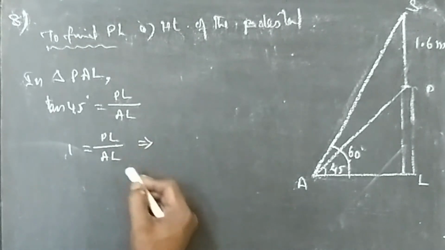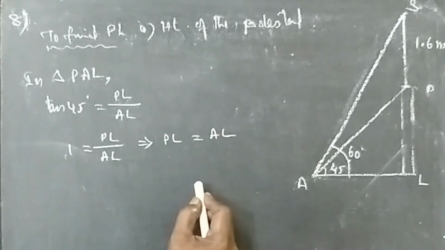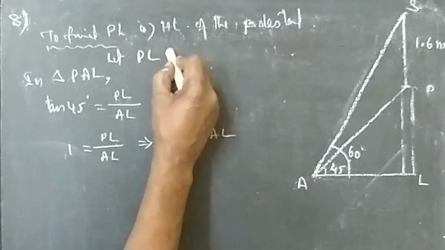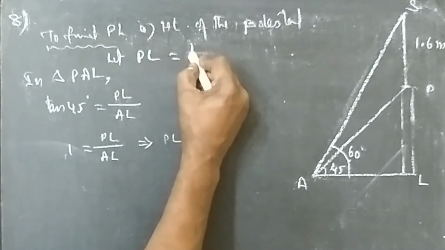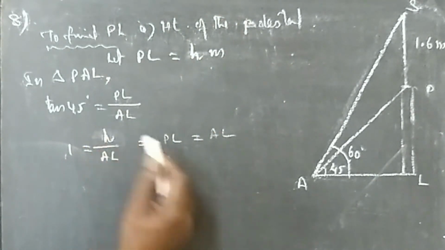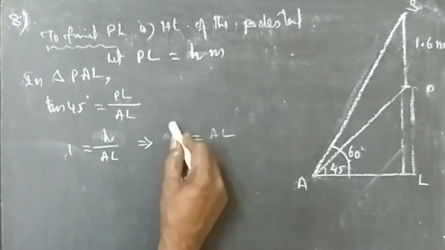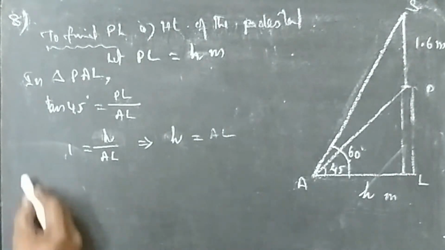This implies PL is equal to AL. Let PL be equal to H meter. This means AL is equal to H. This also equals H meter.